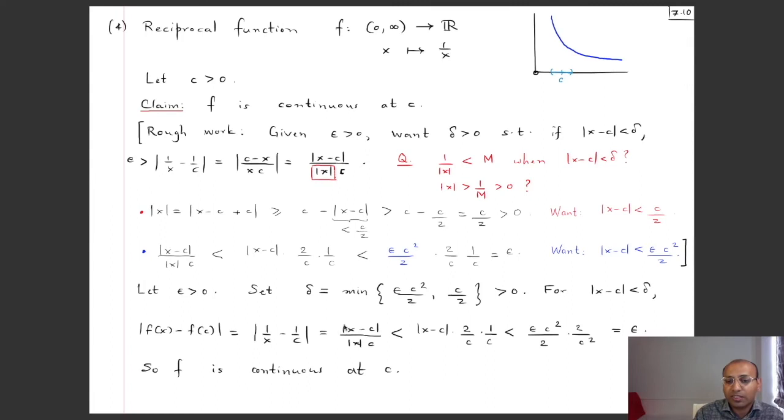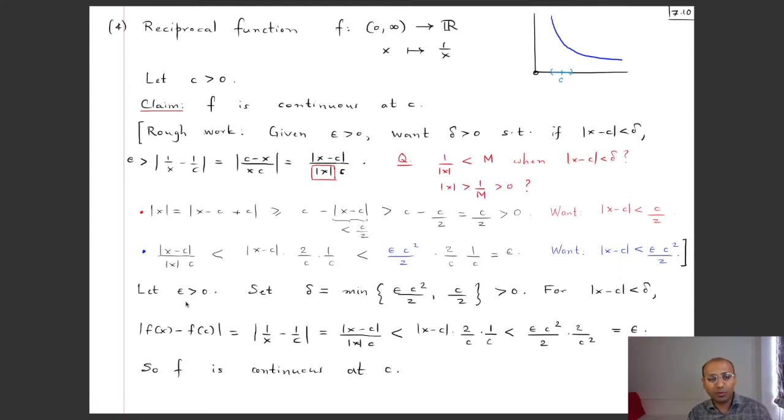Doing some algebra, this is |x − C| divided by |x| times |C|, but |C| is positive, so it's just C. And since |x − C| is less than delta, which is the minimum of these two, |x − C| is also less than C/2. We know that 1/|x| thanks to this is less than 2/C, because |x − C| is less than C/2. And moreover, since |x − C| is less than delta, in particular |x − C| is less than epsilon C²/2, so this thing is less than epsilon C²/2. So the C² cancels, the 2 cancels, leaving an epsilon.